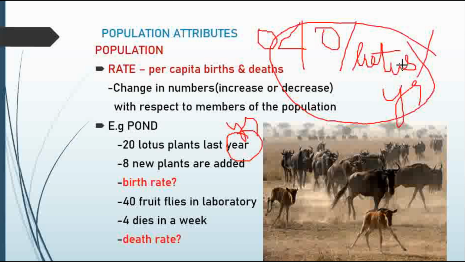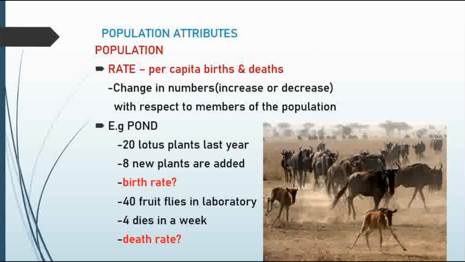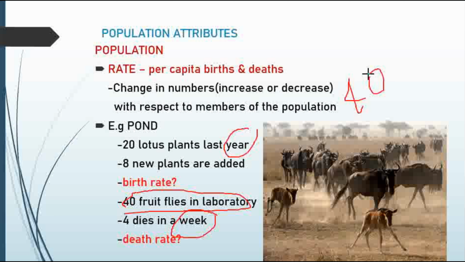Coming to the death rate, I'll give another example. It is given in your book only: 40 fruit flies in a laboratory, and 4 die in a week. Here time is given in weeks; earlier we looked at years, here in weeks. Now 4 out of these 40 have died.